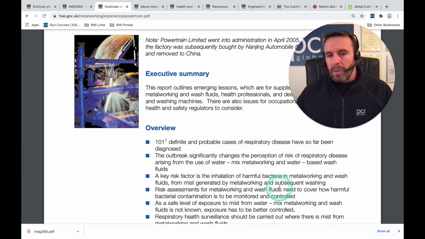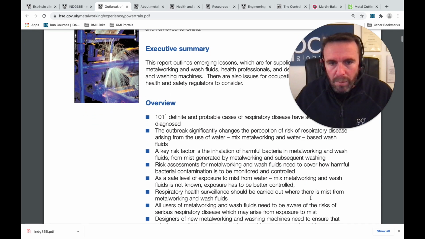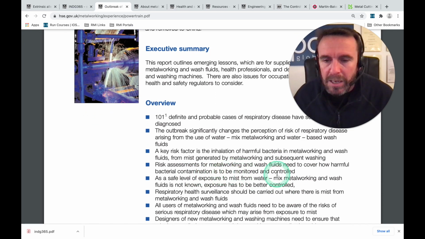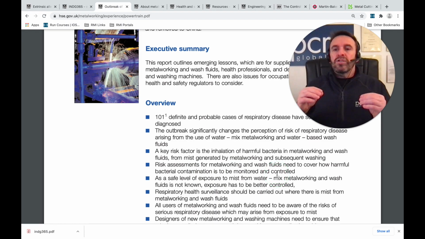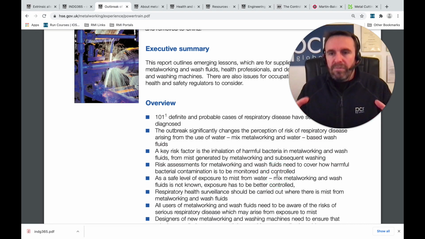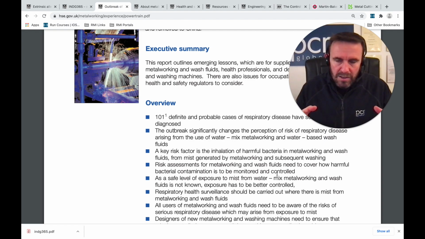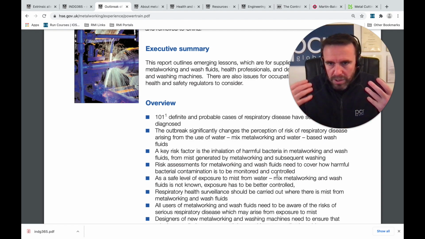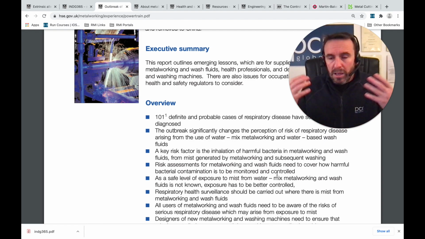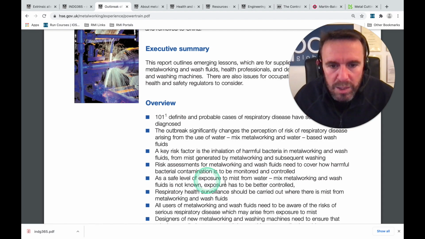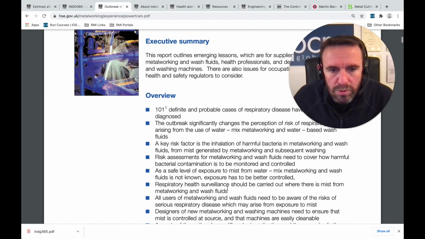Risk assessments for metalworking and wash fluids need to cover how harmful bacterial contamination is to be monitored. So in the risk assessment, you must evidence the control measures, in this case, the monitoring, whether you're using dip slides, refractometer, all of those things will become apparent in a moment as we work through this micro session.